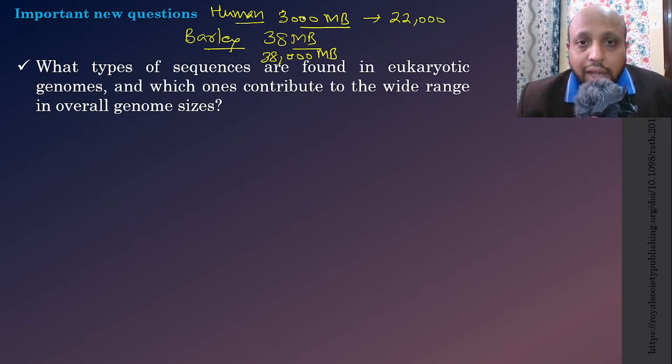So what are the other sequences present in these organisms? This will be dealt with in my video number 2. It raises the important question of what these sequences are.